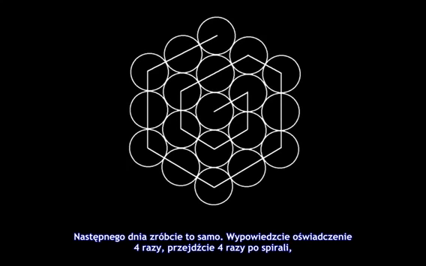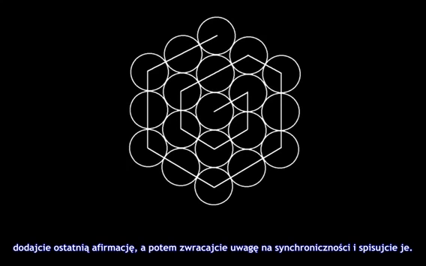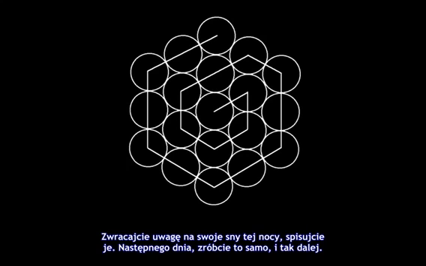Make the statement 4 times. Go up and down the spiral 4 times. Do the final spicing affirmation. Then pay attention to synchronicity. Write it down. Pay attention to your dreams that night. Write it down. And the next day, do it again. And again and again.